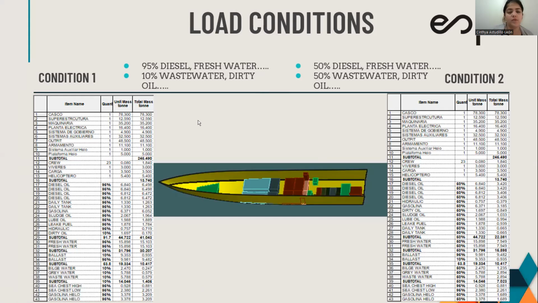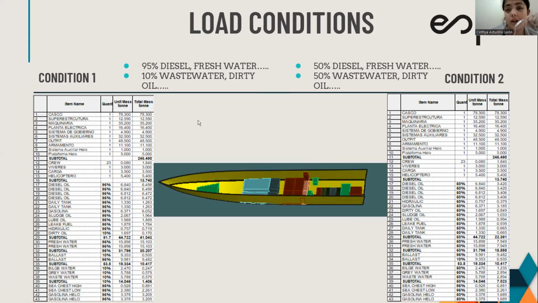When my classmates talk about the load condition, we put 95% in the first diesel, first water, oil, and full oil for the machinery, and 10% for the tanks of wastewater, dirty water, and other residual processors.